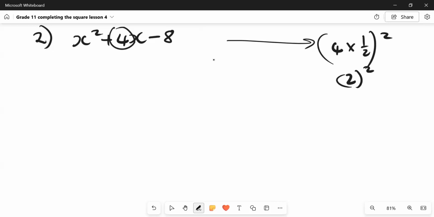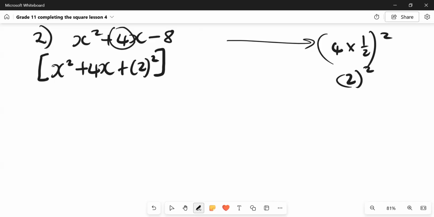And then as from here, open bracket, and then you have your x squared plus 4x, and then plus 2 squared. We're taking this value here, right? And then this value here, which is minus 8, should be outside the bracket. Now you have your minus 8 there.